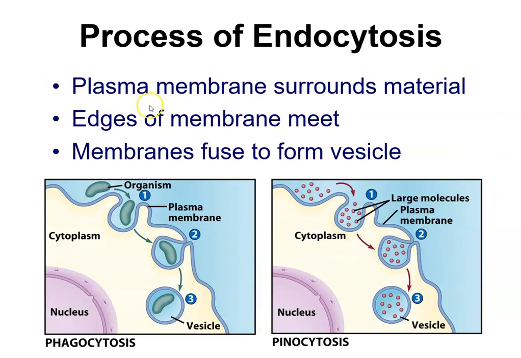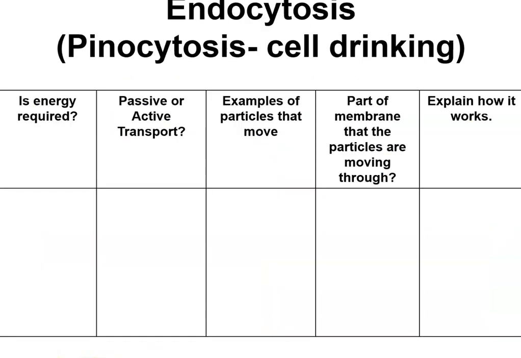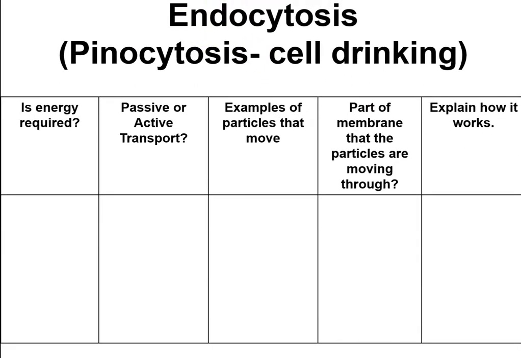This is just showing what's happening. The plasma membrane surrounds the material, edges of the membrane meet, and then they fuse to form a vesicle. A vesicle is just a bubble containing it that will move. Larger things like organelles and organisms get engulfed in phagocytosis, and this one, which is more of a fluid, is specifically pinocytosis.